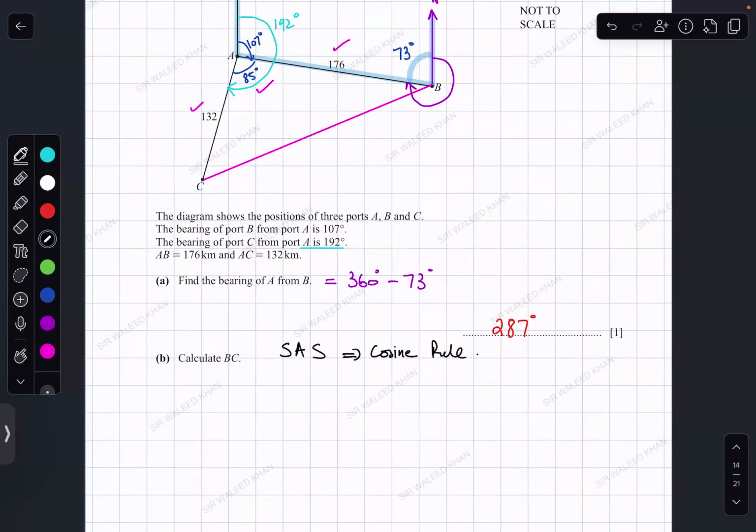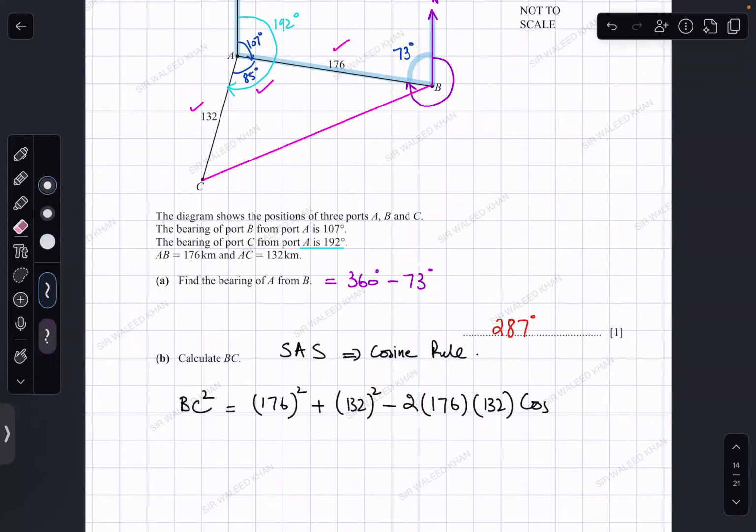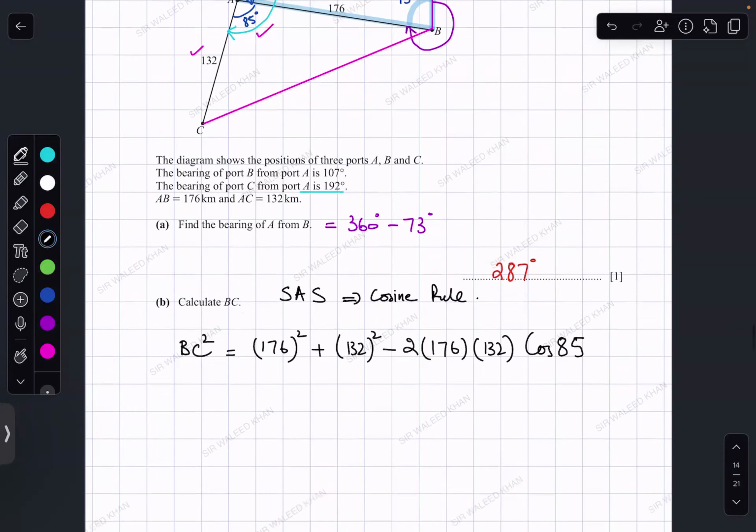So the missing side BC square is equal to the 2 other sides, 176 square plus 132 square minus 2 times the same 2 sides, 176 times 132, cos of angle in between. Okay.